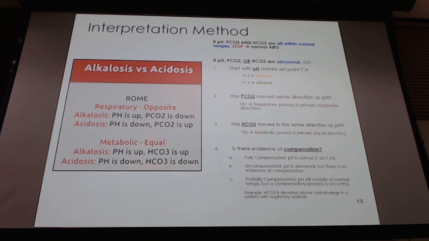After a certain amount of time, when this has been going on for a period of time, the kidneys will upregulate the retention of bicarb. And so even though someone has a normal pH, it is because the body has had to compensate for that.